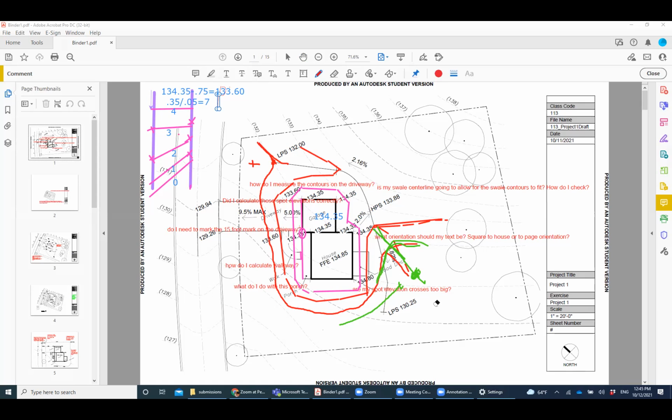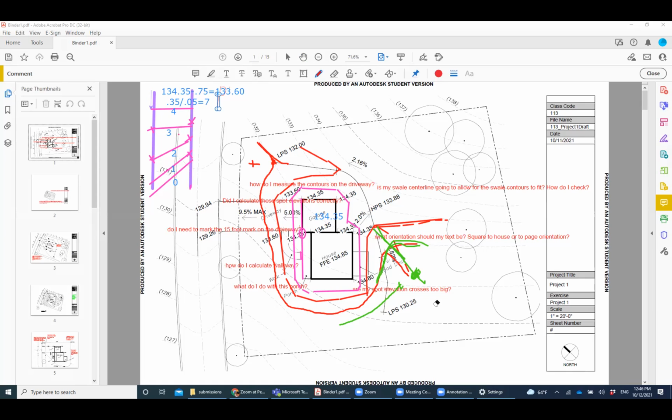So Jalen's question was, what about the rule of setting LPS one contour below the corner? Yeah, because in this case, we changed the direction of the center line, meaning that we're automatically directing water away from the corner regardless of the LPS elevation.